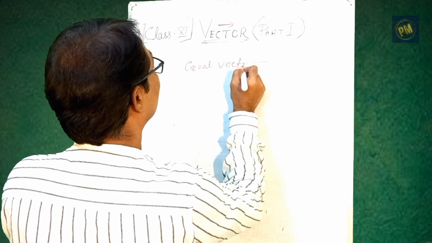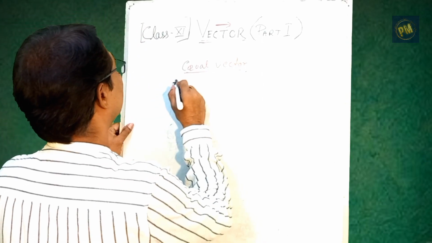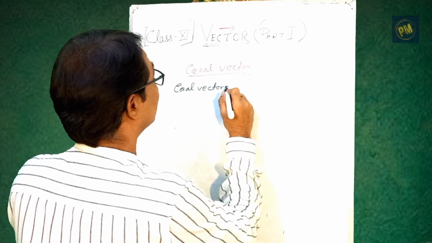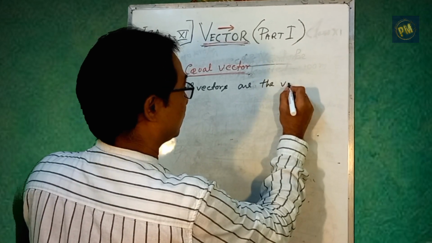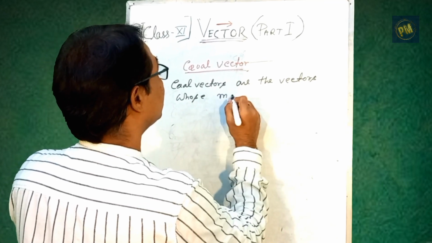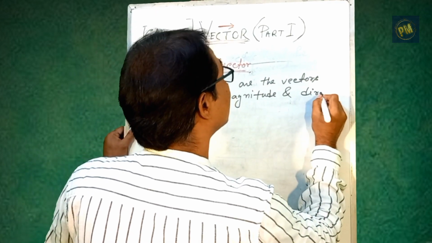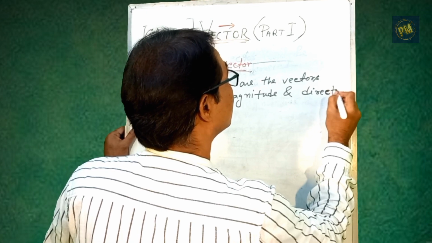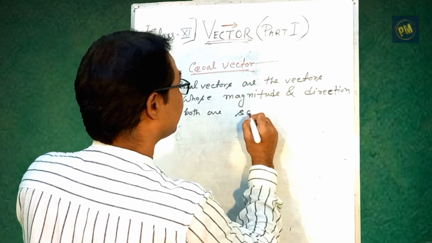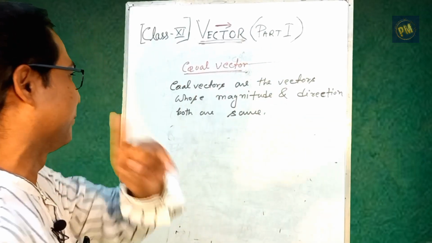Equal vectors are the vectors whose magnitude and direction both are the same.